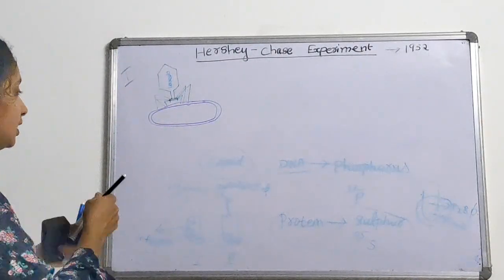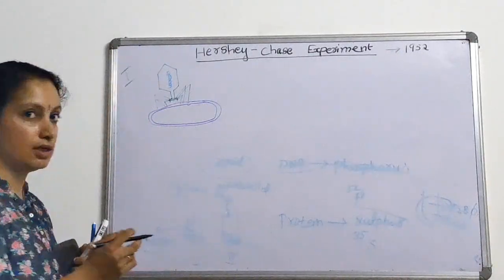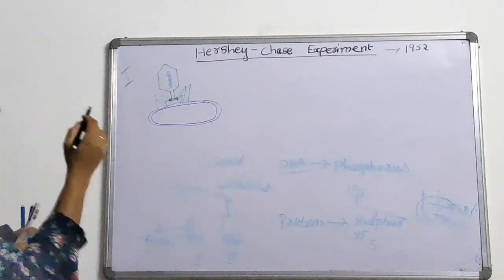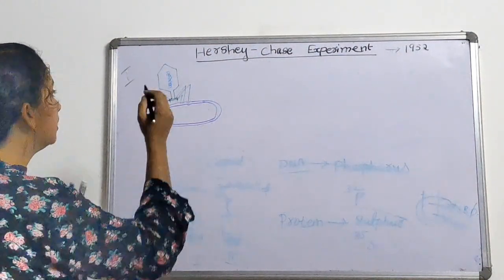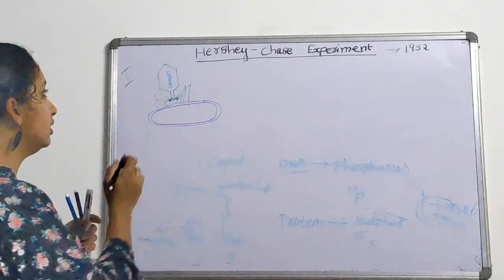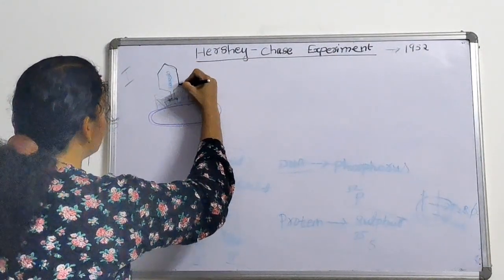In the first case, sulfur 35 is radio labeled.